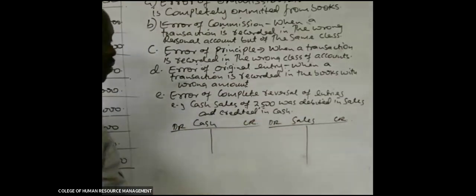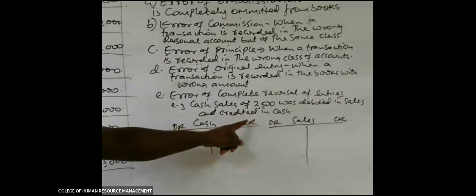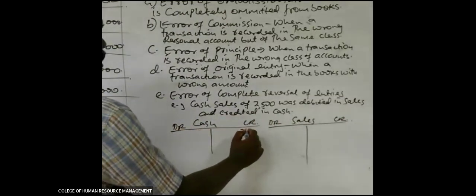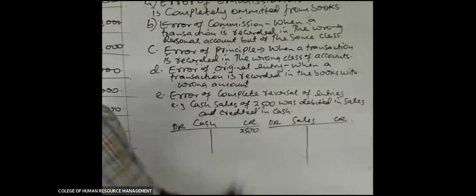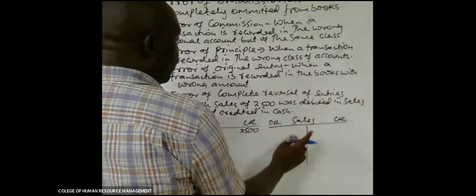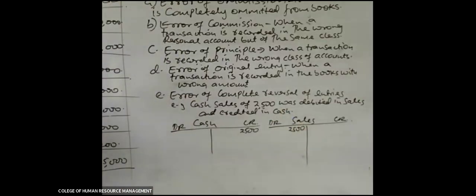These are my ledger accounts. What we know is that the cash was supposed to be debited, but we are told it was credited in cash. So credited cash means 2,500 was recorded on the credit. Debited in sales means that in the sales account, the 2,500 was posted on the debit.